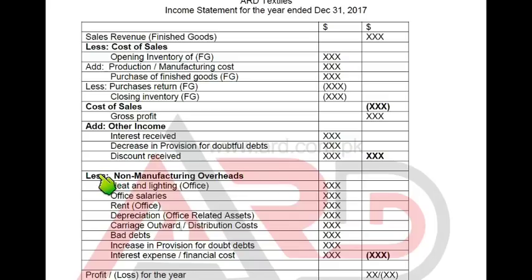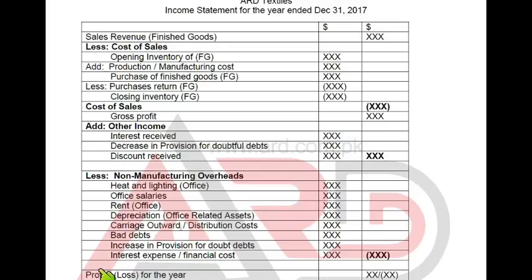Non-manufacturing overhead, also known as non-production or non-factory overhead, are expenses that are not relating to production, such as expenses relating to office, admin, finance, selling, marketing, distribution, and depreciation of office related assets. In short, any cost that is not relating to the factory but is incurred in the organization will come here in the non-manufacturing overhead column.